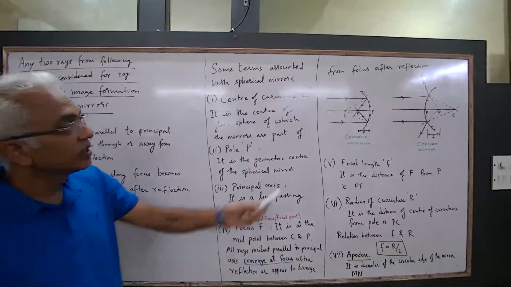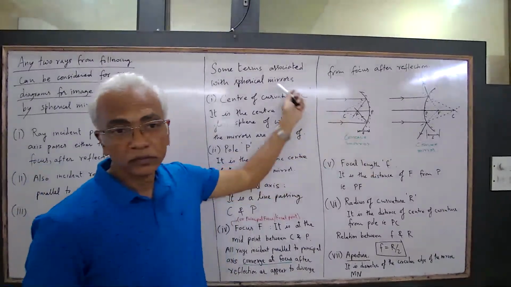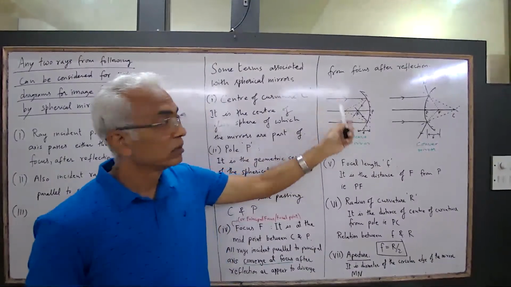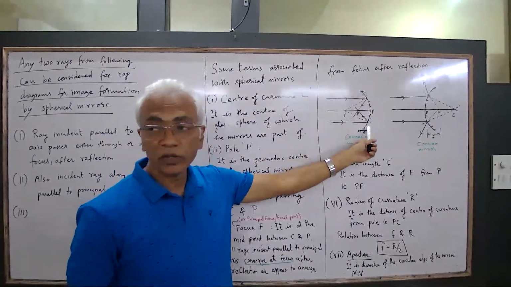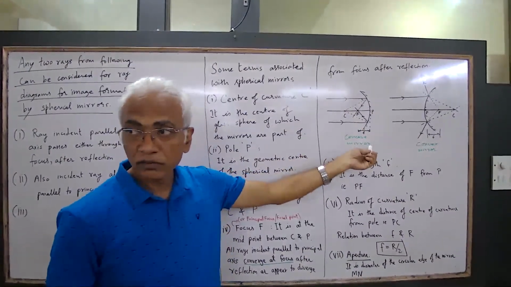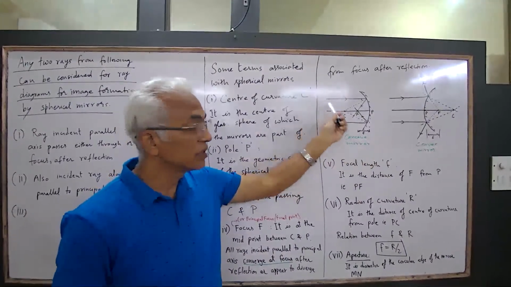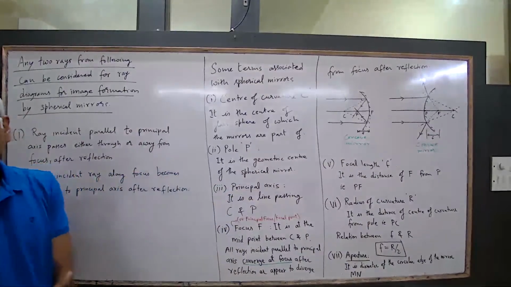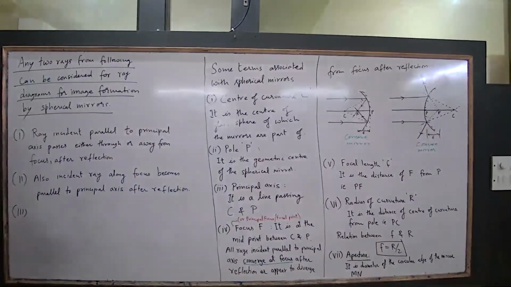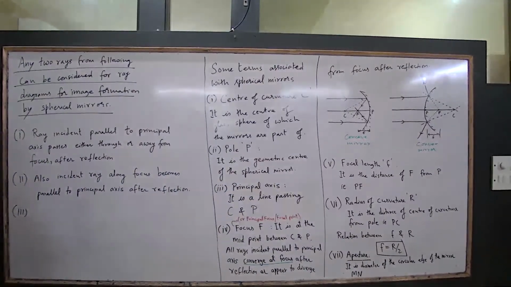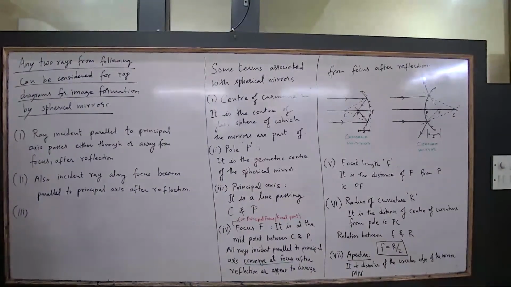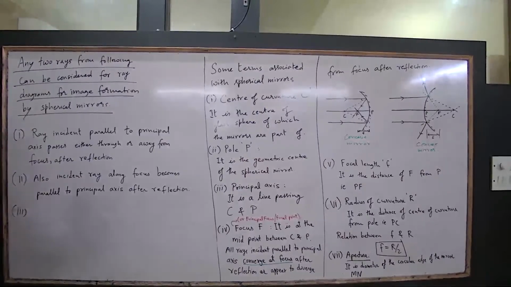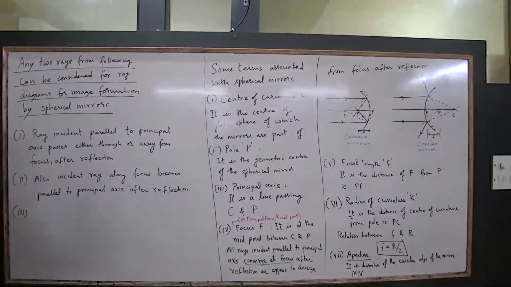Third, if the ray is incident along center of curvature, then center of curvature to any point on the mirror is nothing but radius. That means the ray is incident along the normal. So what should be the reflected ray? What is the angle of incidence for a ray along the normal? Zero. So it will retrace the same path because the reflected ray also will be zero.